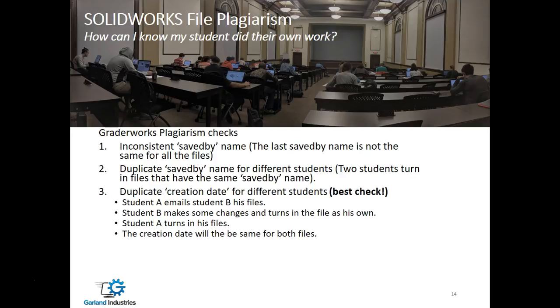So on December 2nd at 6 p.m. and 58 seconds, they both made the same part at the same time. If the parts look basically the same and the creation date is exactly the same to the second, that is highly suspicious, and I definitely want to take a closer look at that.